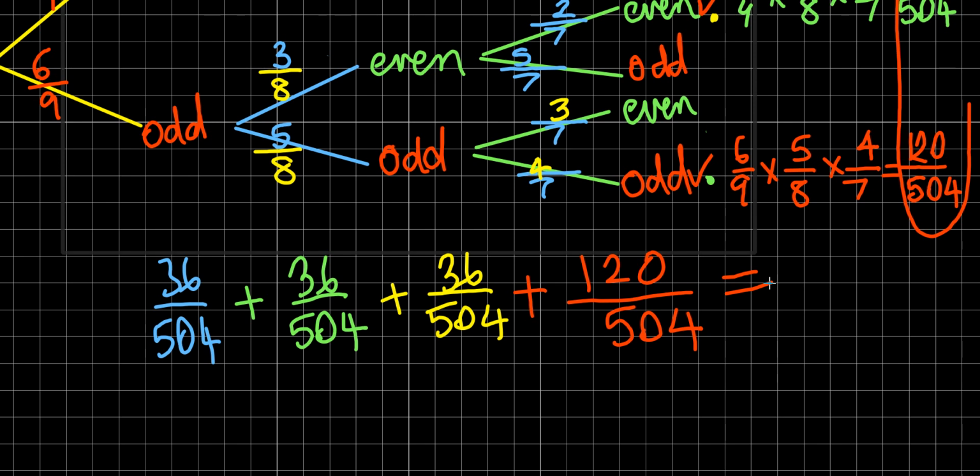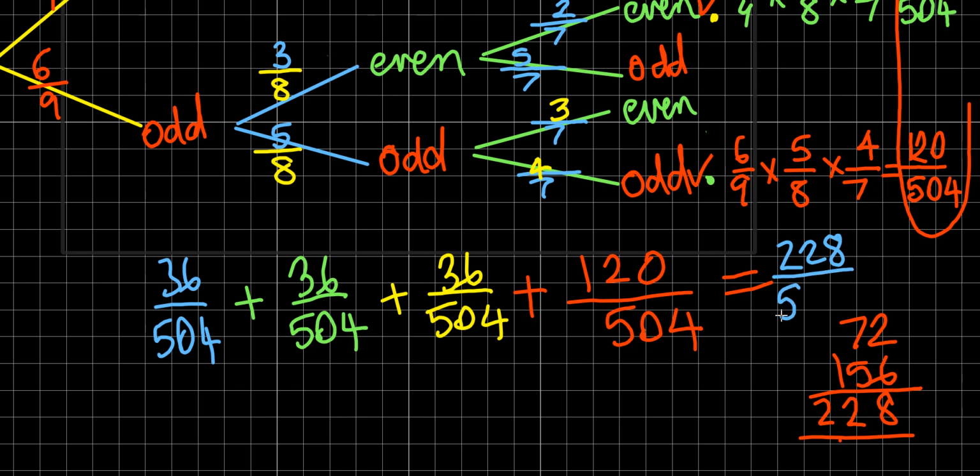So we've got 36 plus 36, that would give us 72. We've got 72, we're adding 156. That's 8, that's 12. That would give us 228 over 504. So our final answer is 228 over 504.